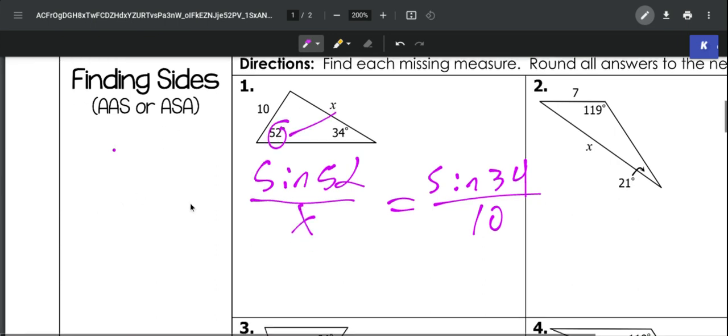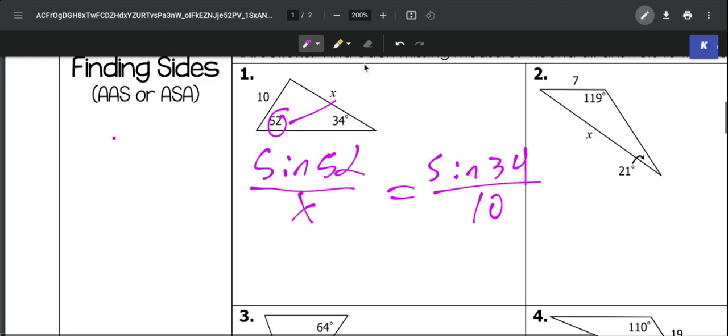So now you can see how we've set up a proportion. For some of these, the only other thing that may change is they may give you these angles, but you won't have an opposite side for that angle. In that case, you'll have to figure out the missing angle by adding these two together and subtracting that from 180, because the angle measures of a triangle add up to 180.